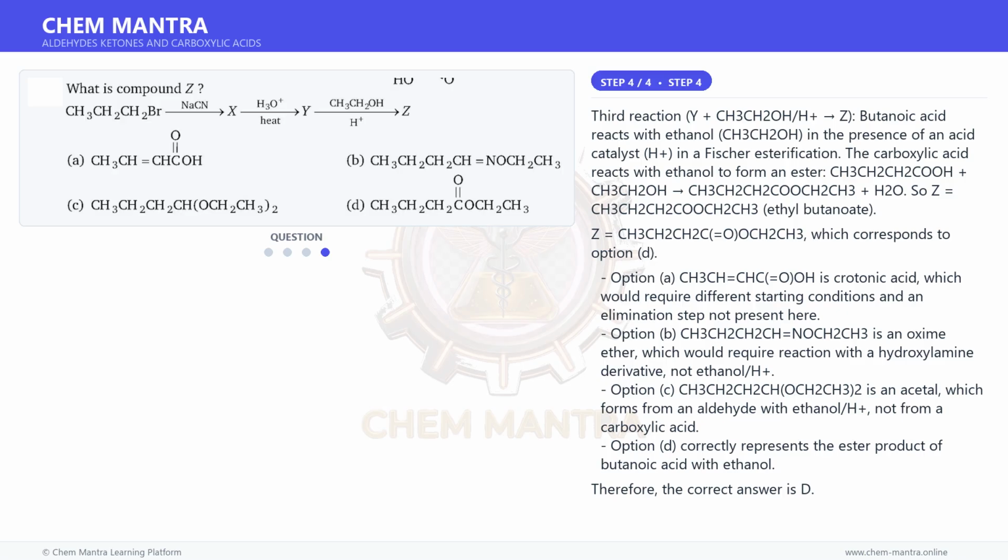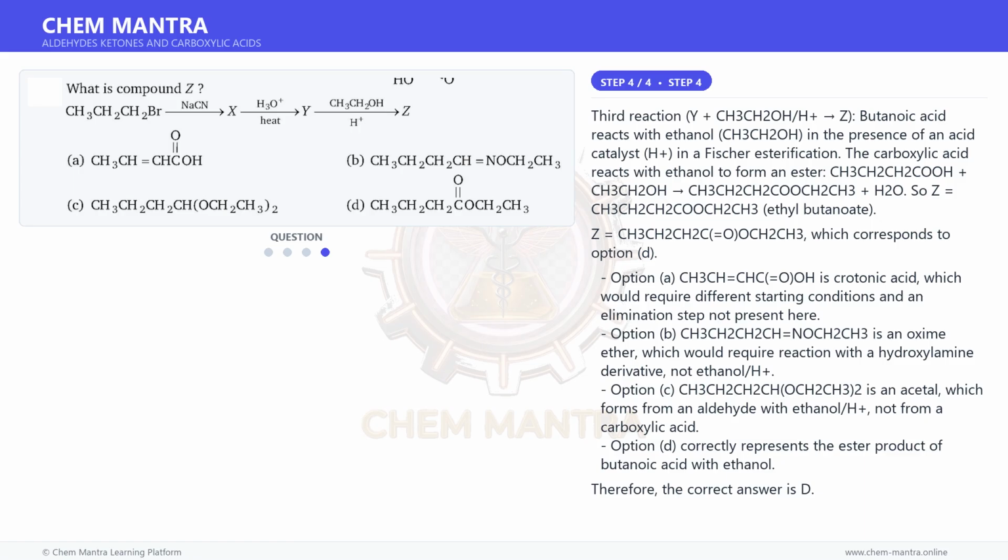Third reaction: Y plus CH3CH2OH gives Z. Butanoic acid reacts with ethanol, CH3CH2OH, in the presence of an acid catalyst, H+, in a Fischer esterification. The carboxylic acid reacts with ethanol to form an ester: CH3CH2CH2COOH plus CH3CH2OH gives CH3CH2CH2COOCH2CH3 plus H2O.